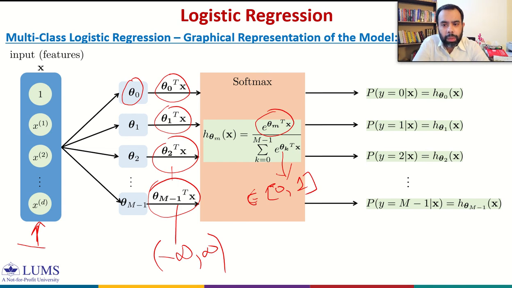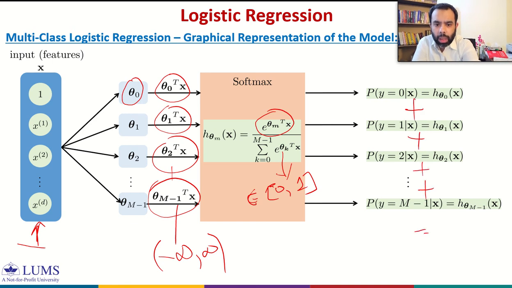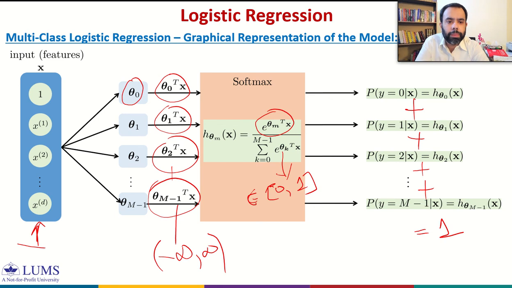Softmax takes m inputs, m scalars which are from minus infinity to infinity, or you can say a vector of m real numbers. The output of softmax has m values, each between 0 and 1, and when you sum all these probabilities, you get 1 by definition.